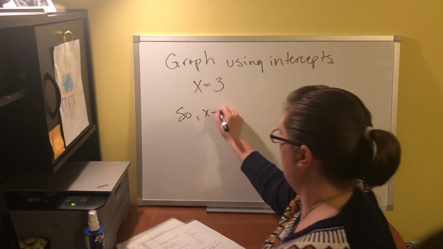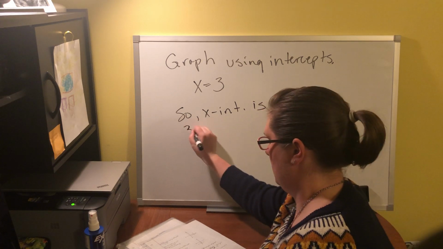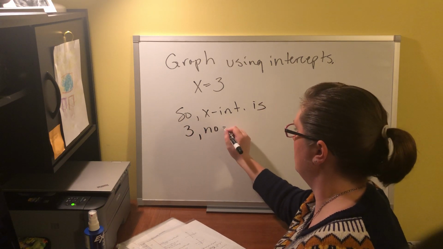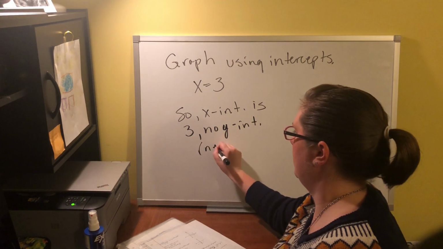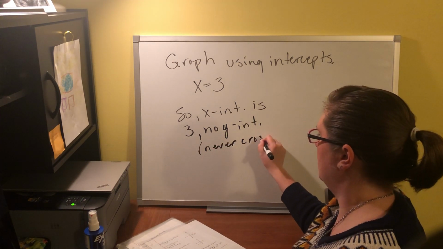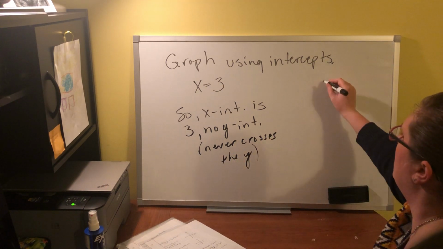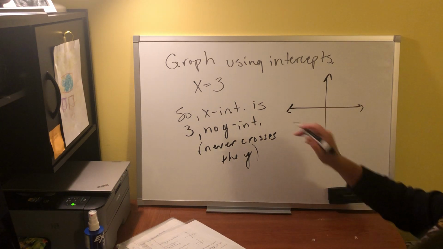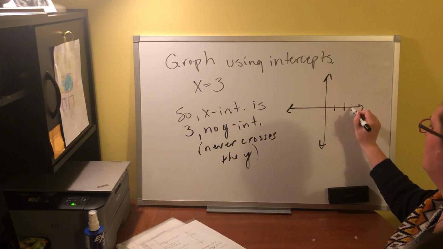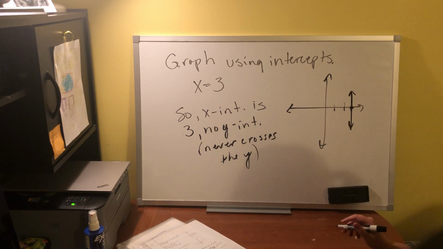So this is telling you that the x-intercept is 3. There is no y-intercept. It never crosses the y. We did this in the last section. This is telling us to go right 3, 1, 2, 3, and our graph would be vertical. Okay? So they may ask you to do that again.